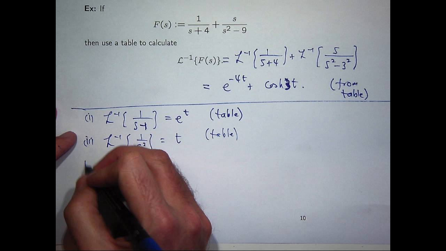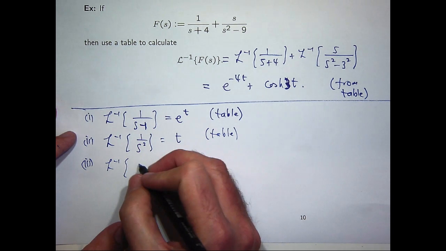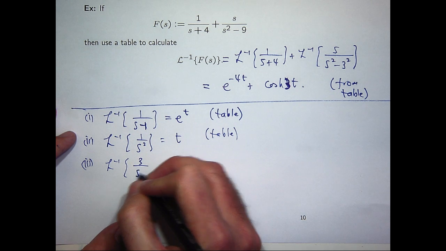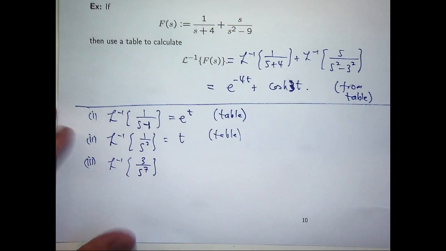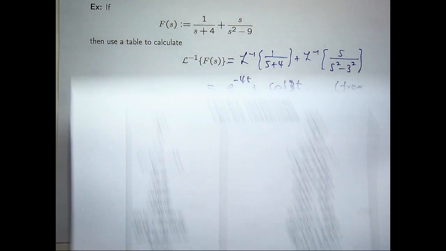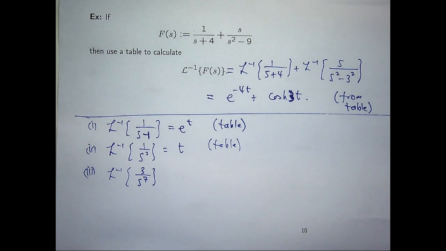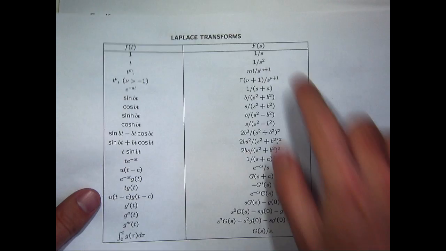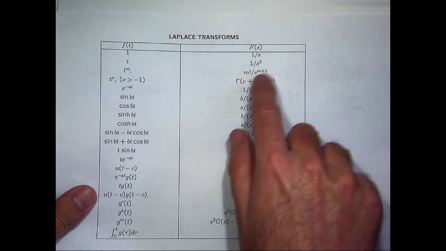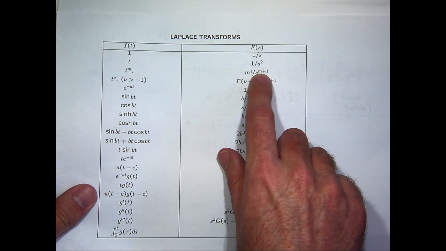Okay, what about, say, the inverse transform of 3 on s to the 7? Okay, well, I want to look down the right-hand side of the table till I get something involving, say, 1 on s to the 7. Well, if I look down, that is almost like it with m equals 6.